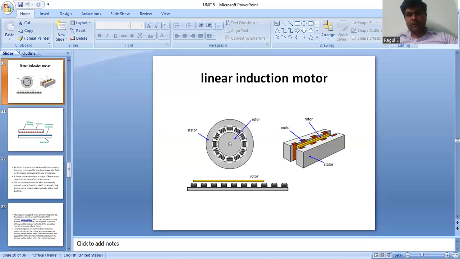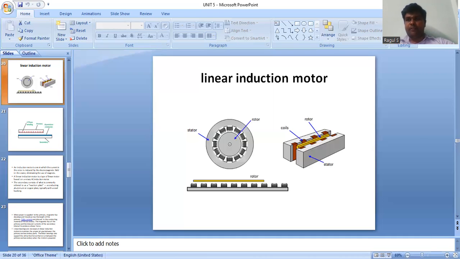Depending upon the use, a linear machine can be one of three types. One is the short primary. The primary is short, so the secondary is long. This is useful when the total distance traveled is very long. With this type of rotor, overheating is eliminated.